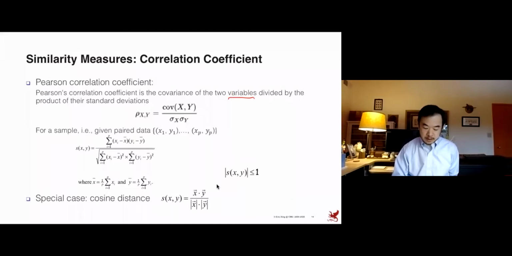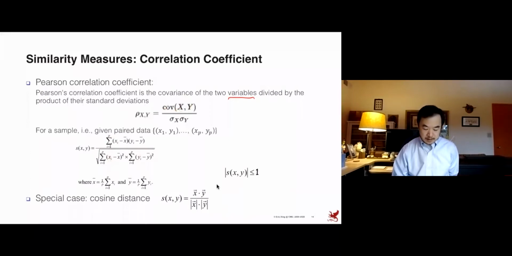So that basically turns the calculation of the covariance and the variance into this sample-based algebra, which is also very easy to do.